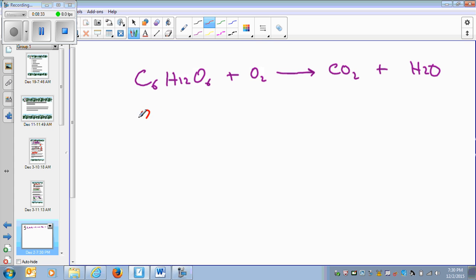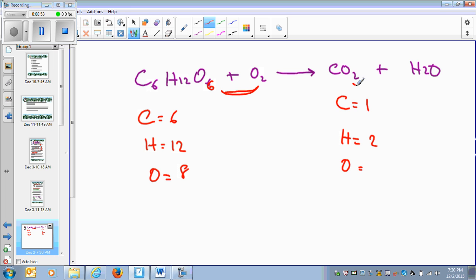I have 6 carbon atoms, 12 hydrogen atoms, and for oxygen I have 6 plus 2, which I have to add together, so 8 oxygen atoms on this side. On the other side, I have 1 carbon atom, 2 hydrogen atoms, and 2 plus 1, so 3 oxygen atoms.